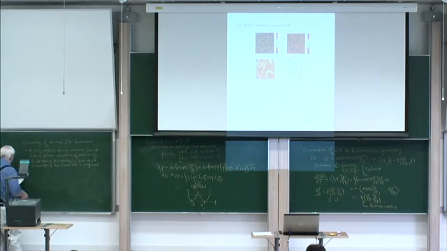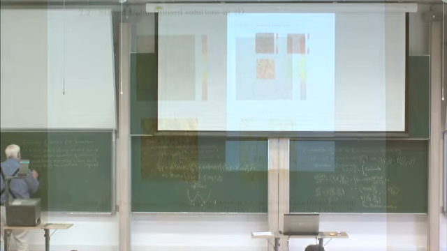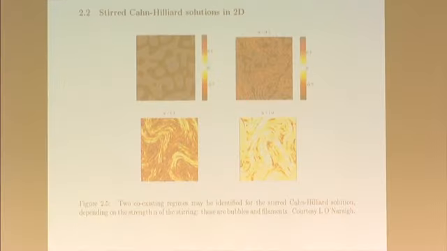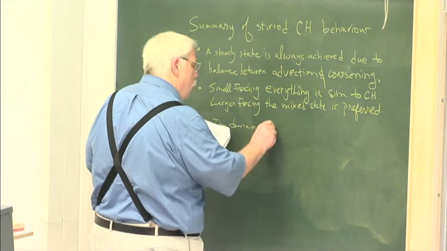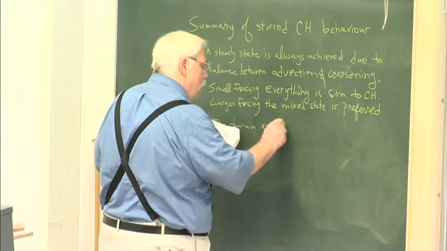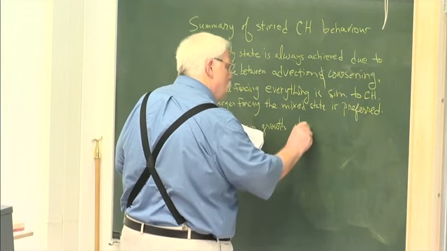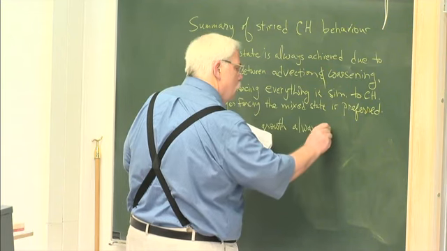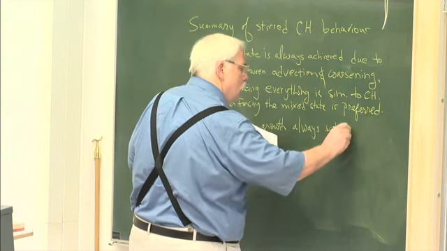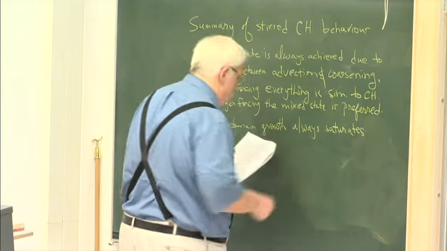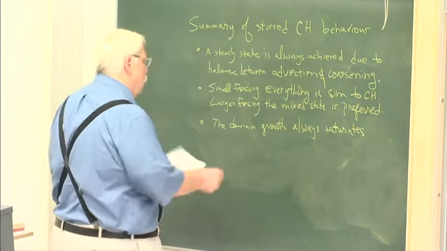Here's probably the most interesting feature about this. The domain growth always saturates. Right, this is called coarsening arrest.